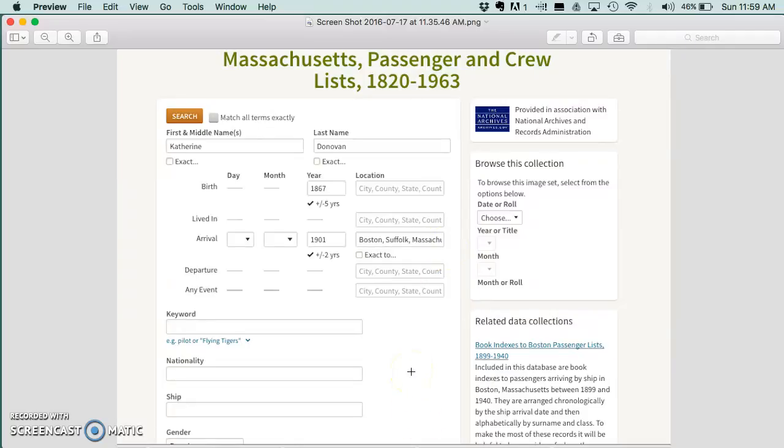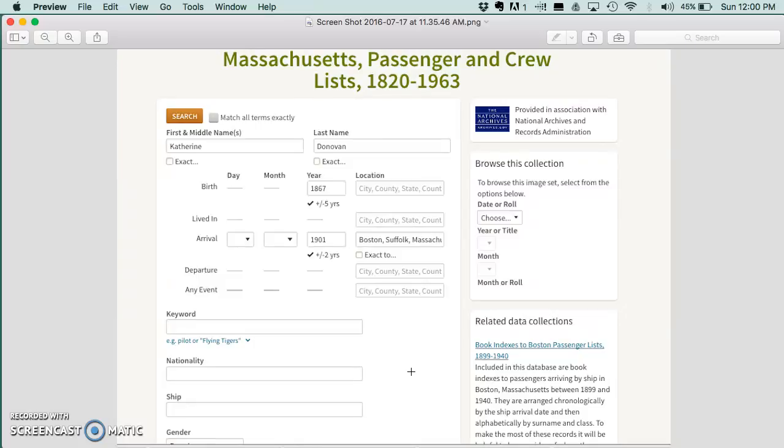Or Suffolk County, Massachusetts. One thing to note in all of these records held by the National Archives is that the port of entry and the port of debarkation are not always accurate, in the sense that the boats that these passengers are listed on sometimes stop at more than one, sometimes as many as three or four different ports of entry.